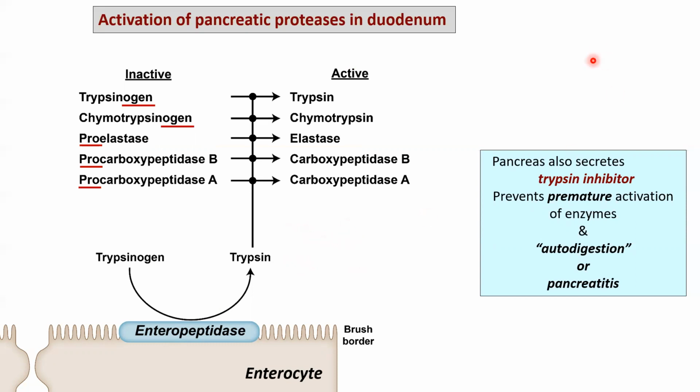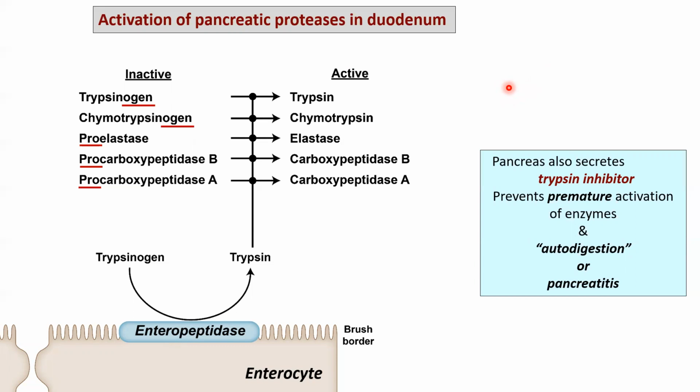The pancreas also secretes something called trypsin inhibitor, and it's secreted at a much lower concentration than the pancreatic enzymes. Its main job is to prevent any accidental activation of trypsinogen to trypsin, because once you activate trypsin, you're going to be activating all of them.